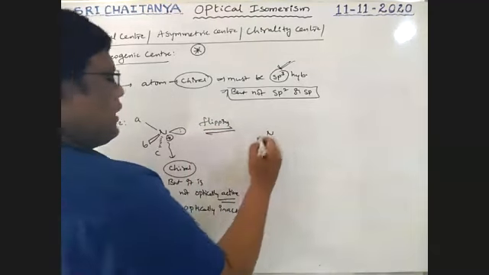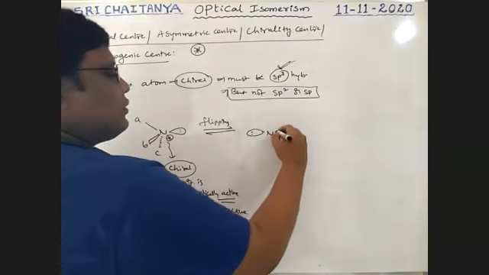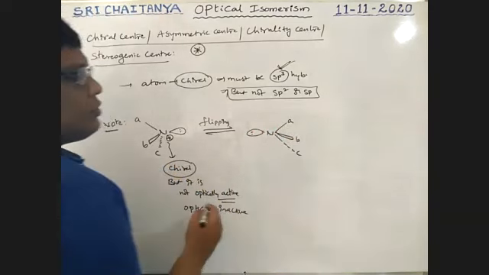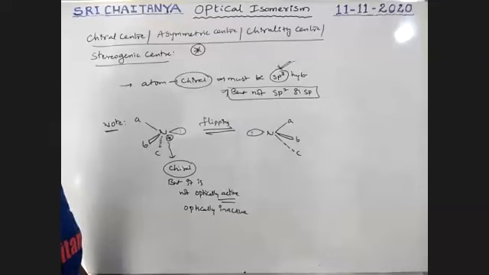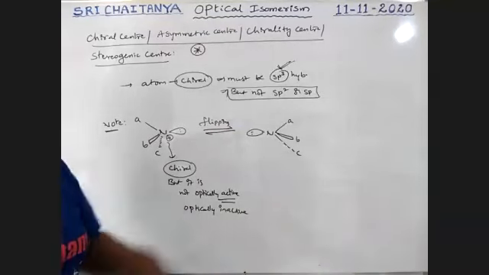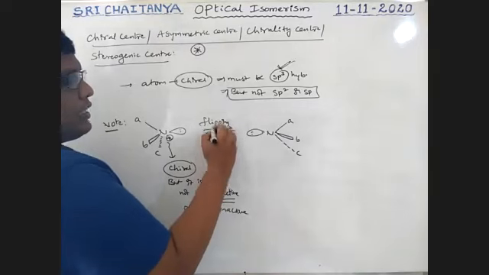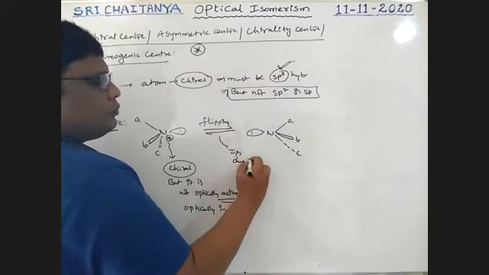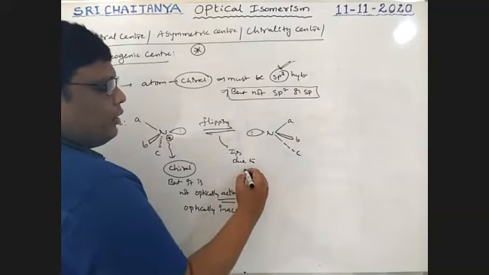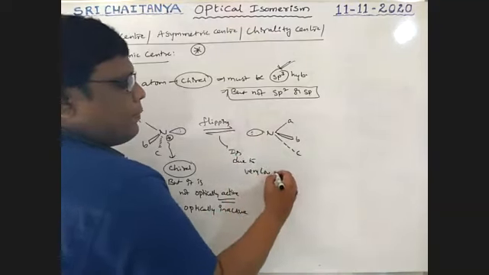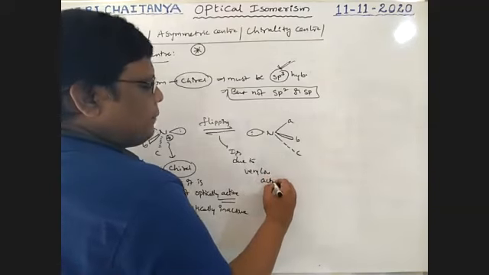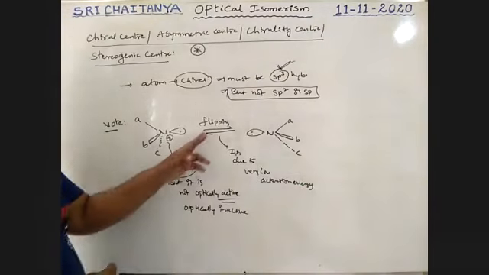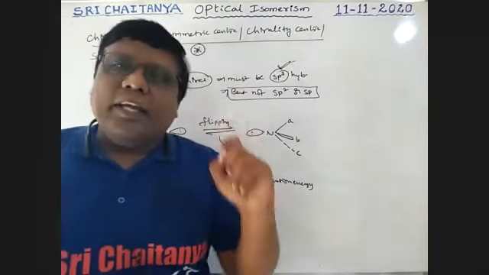Flipping like this. Nitrogen, this is the lone pair, and A, B, C are there, boys. So this flipping takes place. This flipping is due to very low activation energy. That means the energy required for this flipping is very, very less and it is easy to convert.